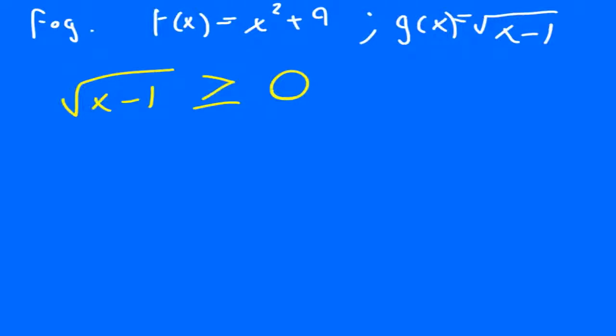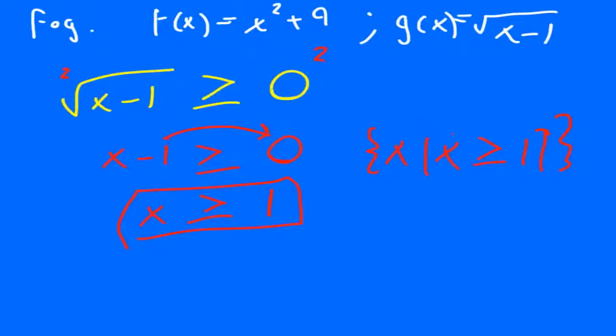Now we square both sides, and we get x minus 1 is greater than or equal to 0, because the square cancels the square root. So now x would be greater than or equal to 1, because we moved the negative 1 to the right and it became a positive 1. So this is your domain: x is greater than or equal to 1.